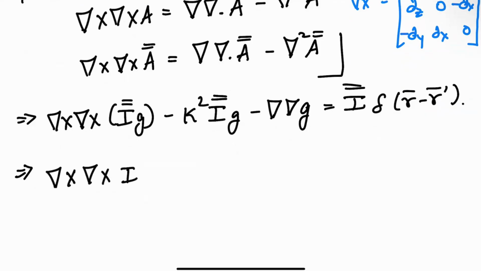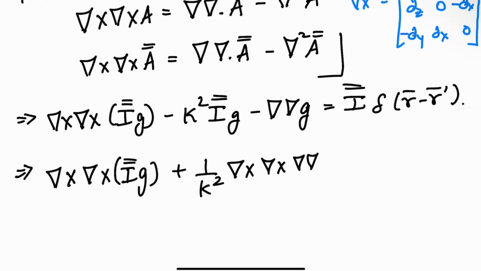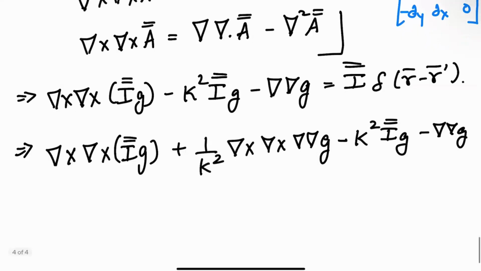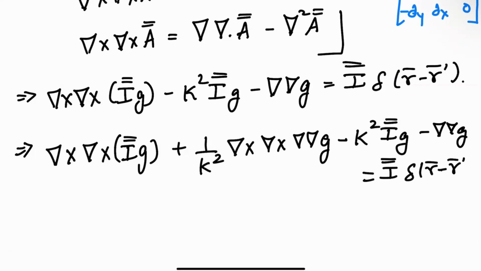Curl of Ig plus 1 over k square, curl of dyadic of G minus k square Ig minus dyadic of G is equal to I delta R minus R prime. But what is this quantity? How can we just add this? The reason we can just add this is because this quantity is just 0.